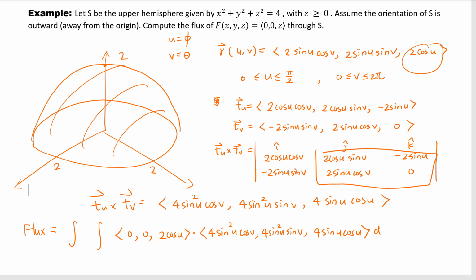And because u and v are both between two numbers, the order doesn't matter. So let's do dv du. v is 0 to 2 pi, u is from 0 to pi over 2.